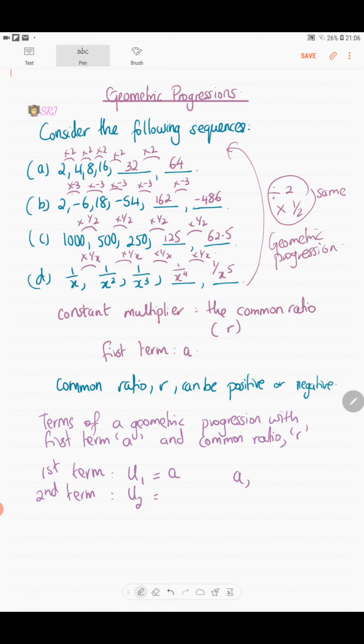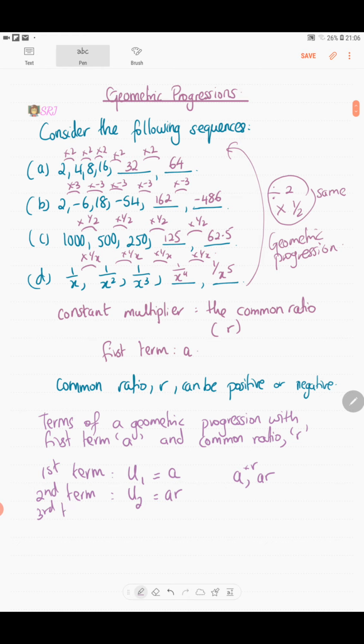Here, if the common ratio is minus 3, the next term will be 2 times minus 3, which is minus 6. So here the common ratio is R. This means that the second term will be A times R, which is AR. So the second term is AR.